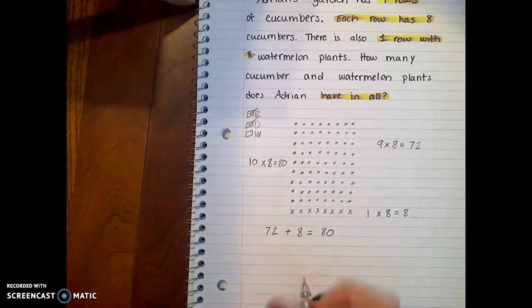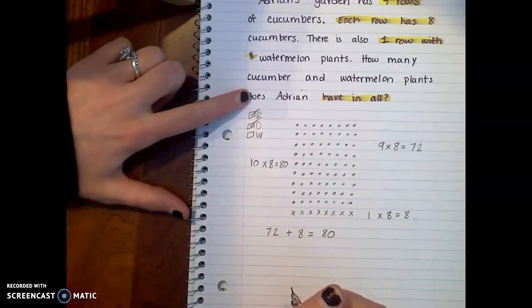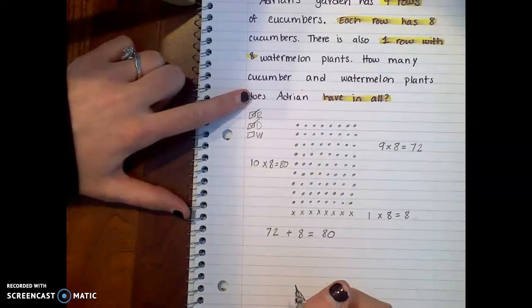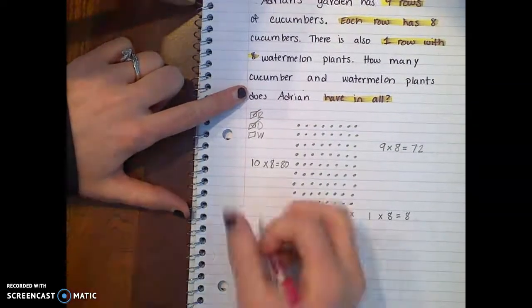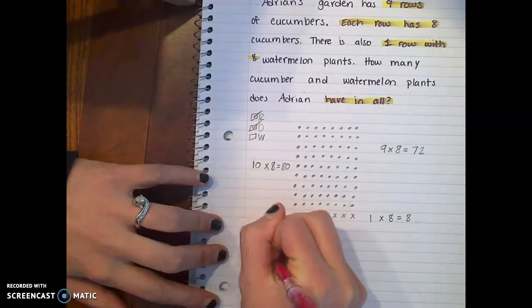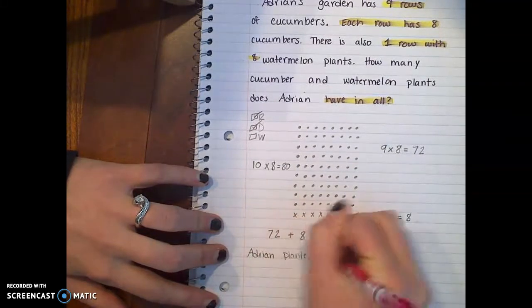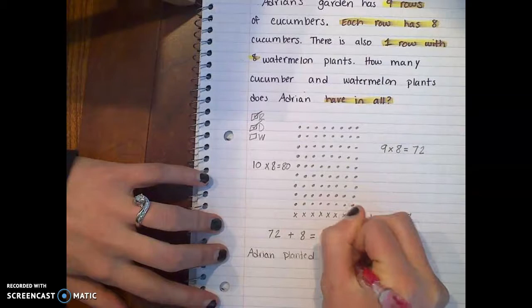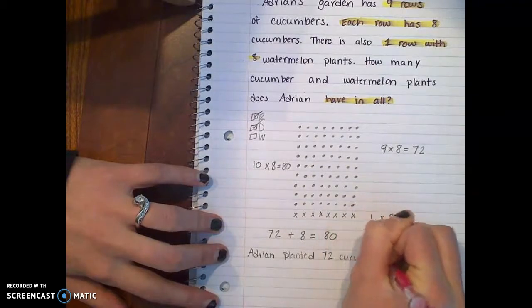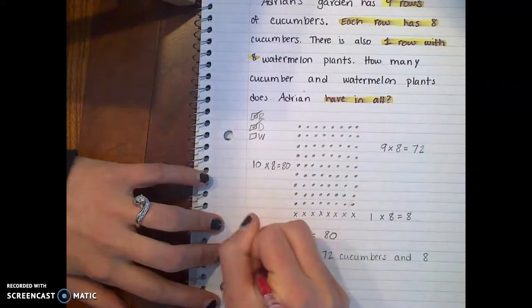Now it's time to do my writing. I'm going to answer this question and I'm going to explain how I got there. I'm going to start by saying Adrian planted 72 cucumbers and 8 watermelon plants.